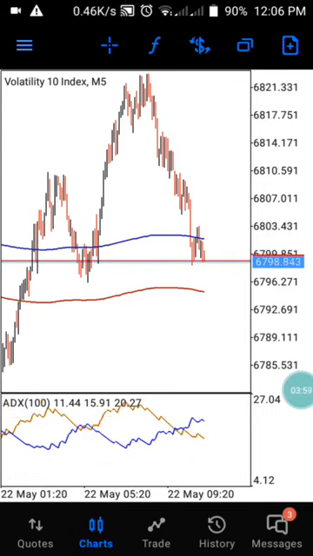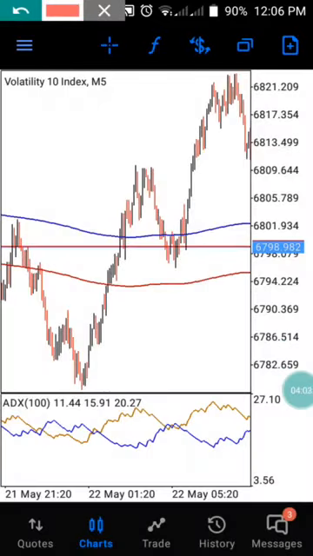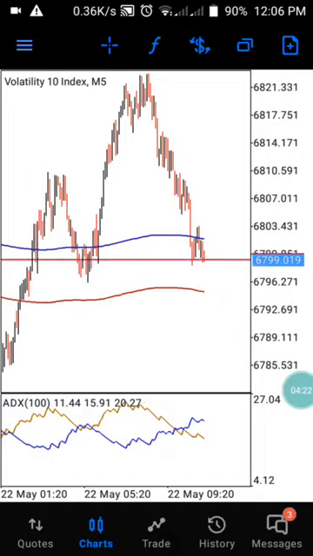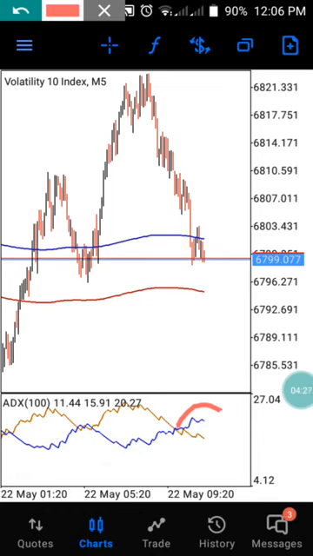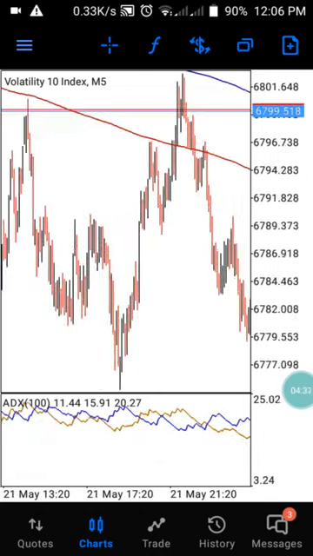Anytime the blue 9 is crossing on a downtrend, it's giving us an uptrend signal. You see, it's giving us an uptrend signal. And anytime the blue is crossing on the uptrend, we have a downtrend. Let me show you more examples of what I mean.